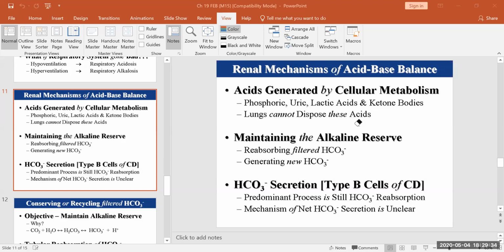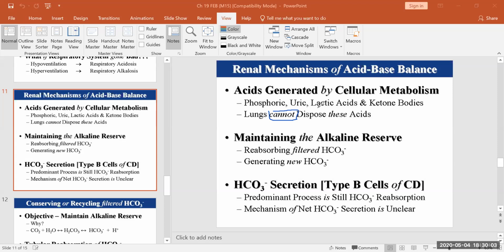Metabolic acids are acids generated by cellular metabolism. You have phosphoric acid, uric acid, lactic acid, ketone bodies. Lungs, again, cannot dispose of these acids. Chemical buffers cannot dispose of these acids. Only the kidneys can, okay?